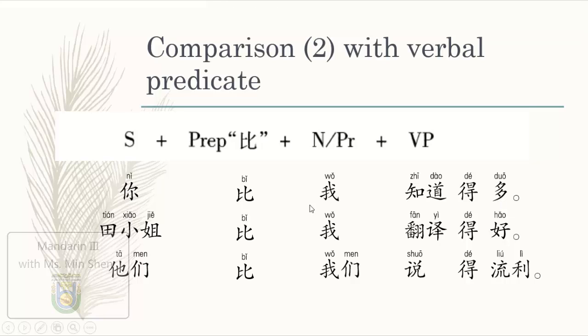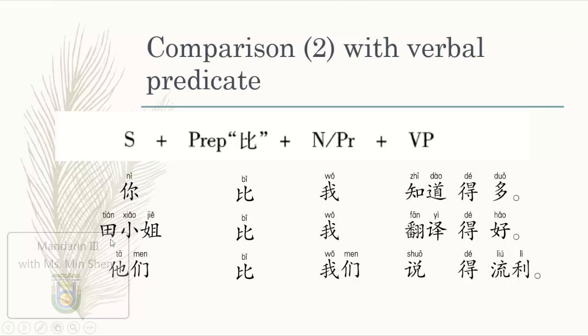We compare the action of knowing between the subject 你 and the pronoun 我. So I repeat once again, you comparing to me, know a lot. Then that means you know more than me.